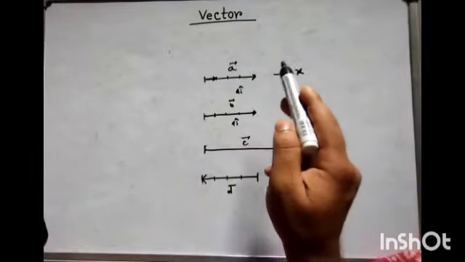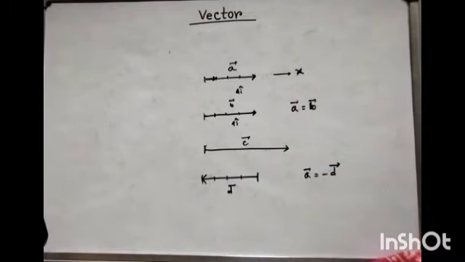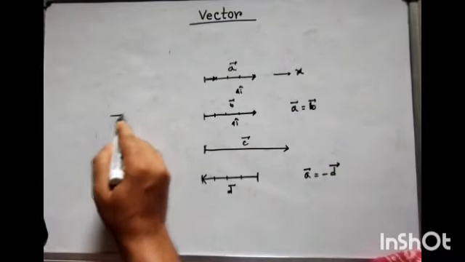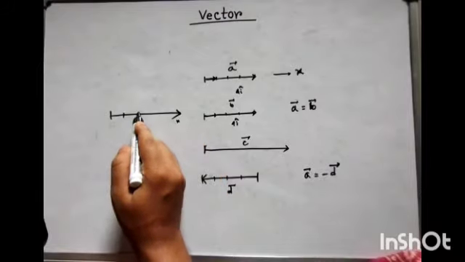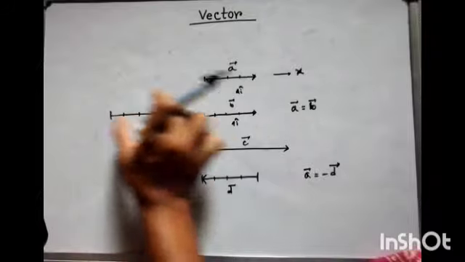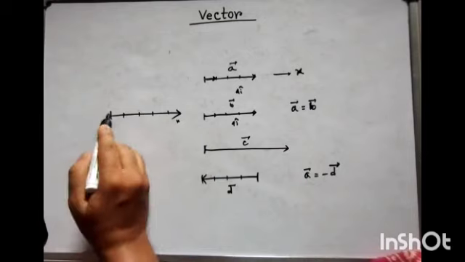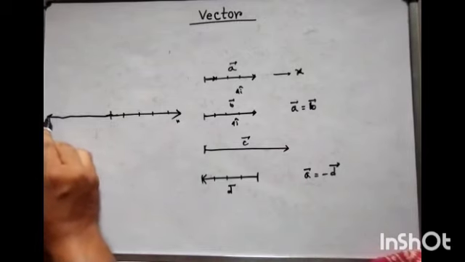You can place all these vectors along the x-axis. Suppose this is your x-axis, you can fit these vectors along this axis, and d vector will also fall along the same axis.